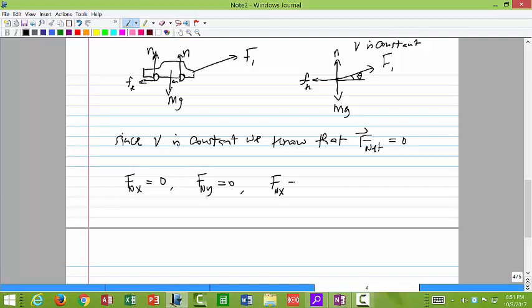F net x is equal to F1x minus Fk, which should be equal to 0, and F net y should be equal to F1y plus N minus mg, which should be equal to 0. Okay.